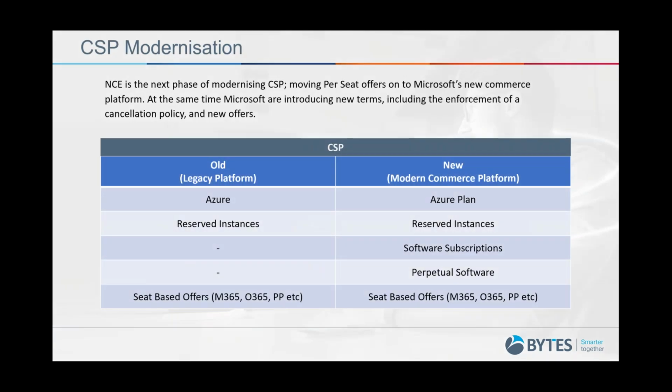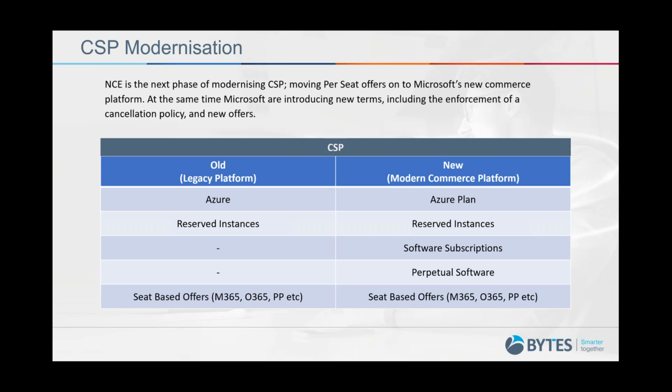So NCE is the next phase of modernizing CSP. We've just moved all of our CSP Azure customers onto the Modern Commerce platform, which was a transition to Azure Plan. That meant calendar month billing; perpetual software, like I said, software subscriptions, reserved instances, and even third-party marketplace offers were already on the Modern Commerce platform. So this next phase is to move the per seat based offers onto Modern Commerce.